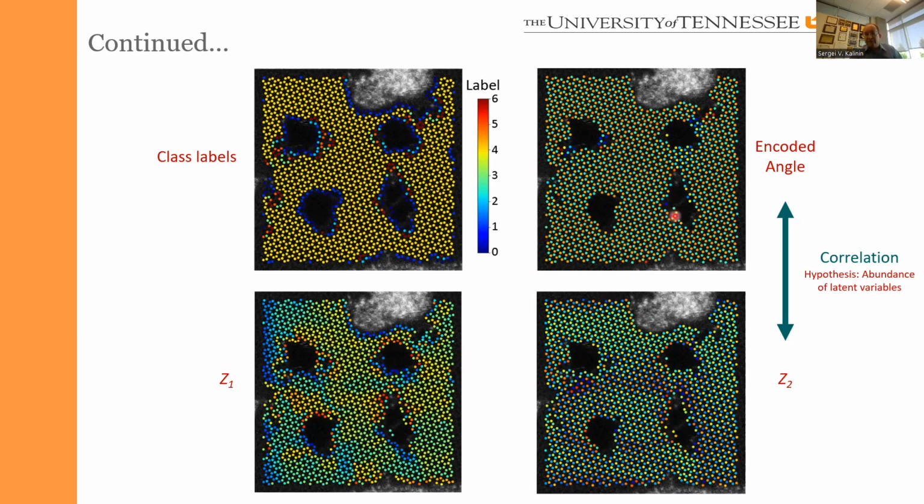So the angle is straightforward. An angle is an angle. It basically shows you how the sp2 bonds around the carbon atoms are oriented. So you can see this checkerboard pattern, which is kind of normal. For the first latent variable, you can see that it changes continuously across our image, and it shows clear regions of bright contrast and clear regions of dark contrast, which lets us conclude that this is something related to the ordering inside the graphene lattice.